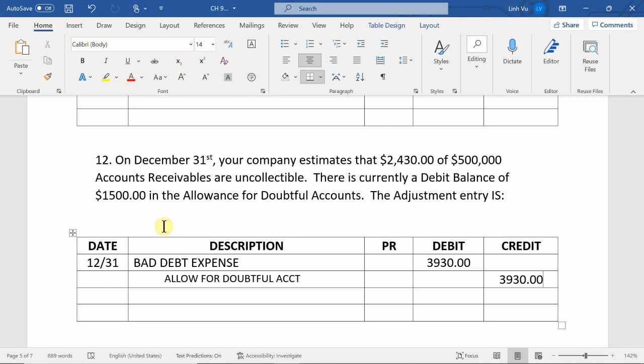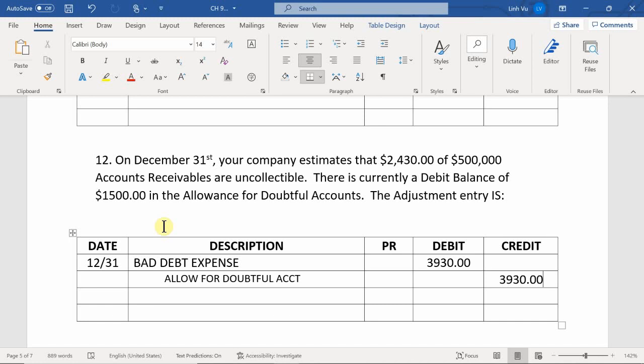Just like in the scenario, we were dealing with customer A, who owed us money and refused to pay us back until we finally exhausted all we could, and someone told us they can't pay us back anymore. Then we ended up with a debit balance of $476.25 in the allowance for doubtful accounts.